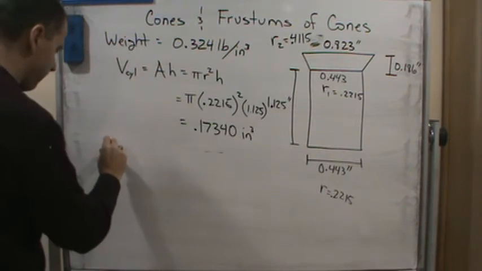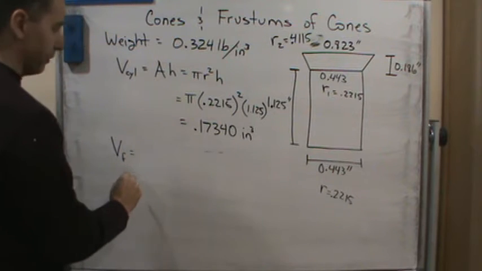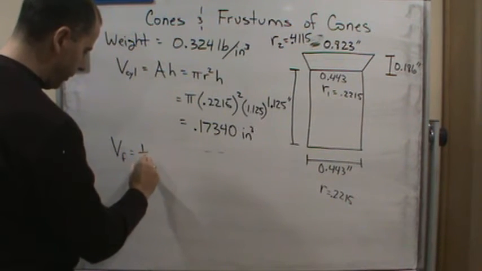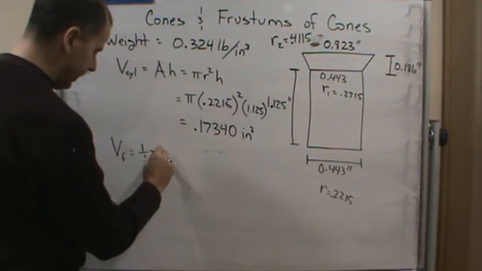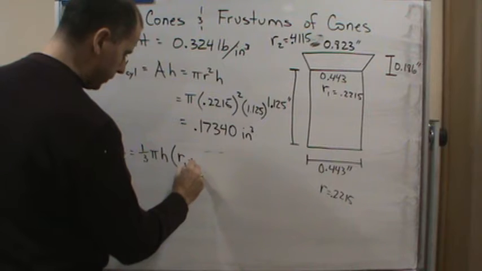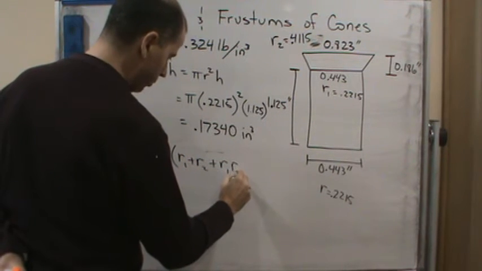Now let's use the volume of the frustum: 1/3 pi times h times the quantity R1 plus R2 plus R1 times R2.